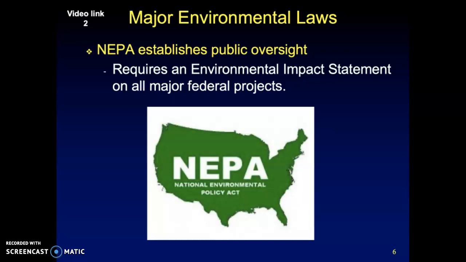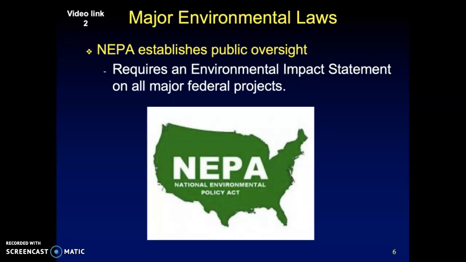If we're trying to do any kind of major project, what NEPA requires is an environmental impact statement if we're going to do any kind of federal project. So let's make up an example. A business in Springfield says I'm trying to get a federal grant to develop a housing facility for seniors, or I'm going to try to build a new power plant, or I'm going to try to build a new whatever. You're putting in a highway and you're using federal funding. You have to have an environmental impact statement.